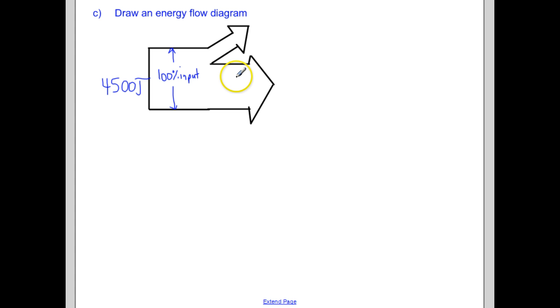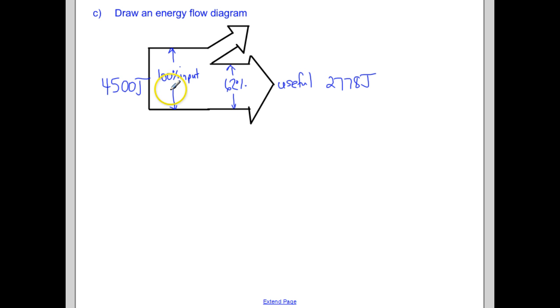So we know that 62% did what it was supposed to do. So this is the useful. And that was a total of 2778 joules.